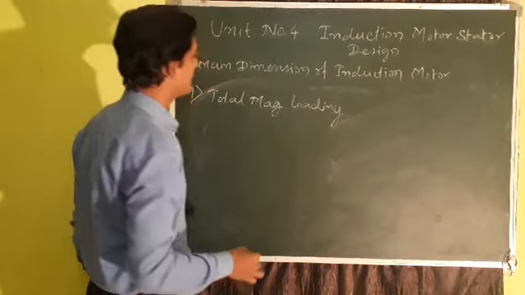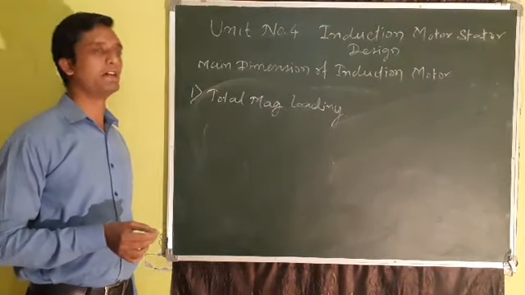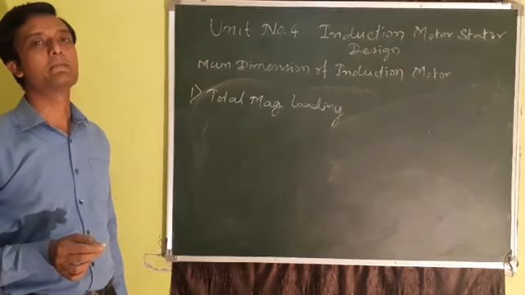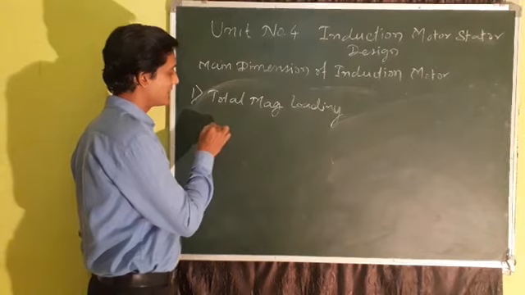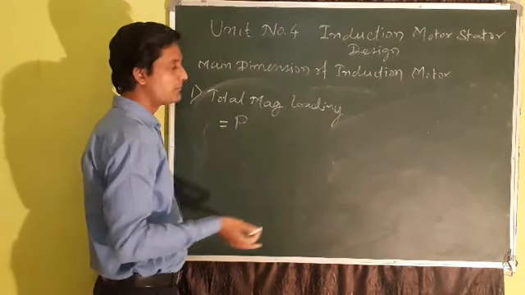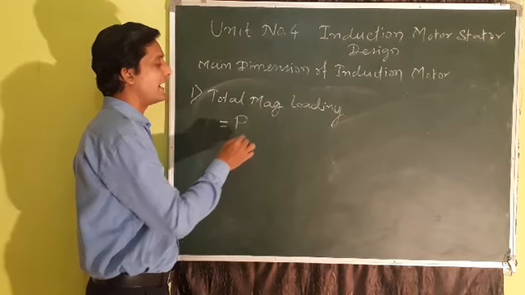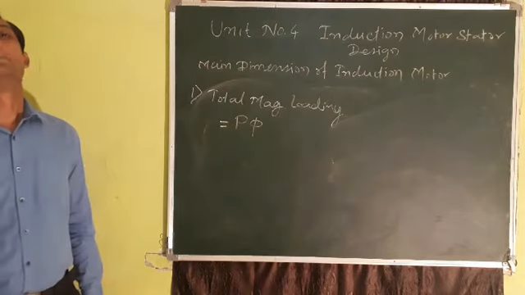Total magnetic loading is defined as the total flux around the stator periphery. So total magnetic loading is equal to P, the total number of poles in the machine, and flux phi along the stator periphery.